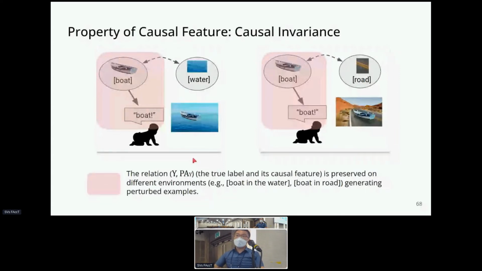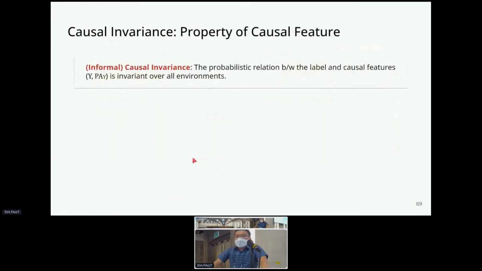They are the same. Even if we change the background, like the boat is on the road, or the boat is in space, the relation of the boat object and the label is the same. So informally, the probabilistic relation between the label and causal features is invariant over all environments. This is the property called causal invariance.